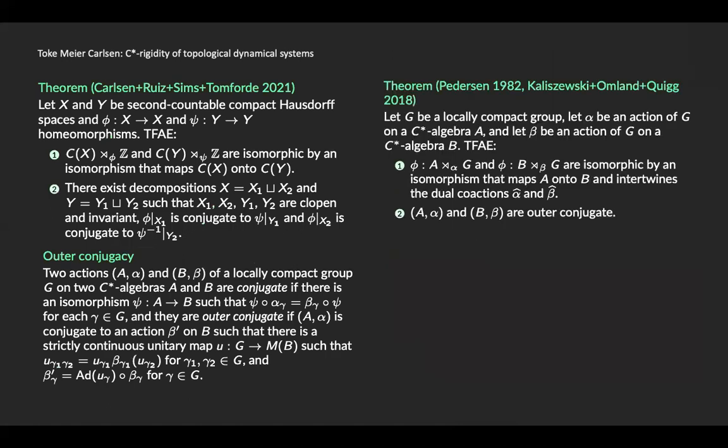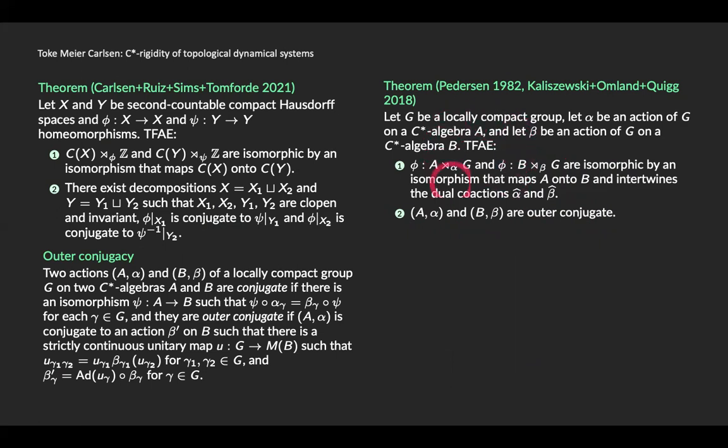Recently, Kaliszewski, Omland, and Quigg used an old result by Gert Pedersen to show that two cross products of a locally compact group on arbitrary C*-algebras are isomorphic by an isomorphism that maps A onto B and intertwines the dual coactions alpha hat and beta hat precisely when the two C*-dynamical systems are outer conjugate.